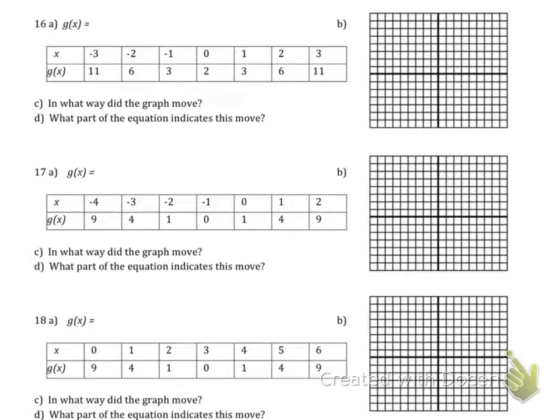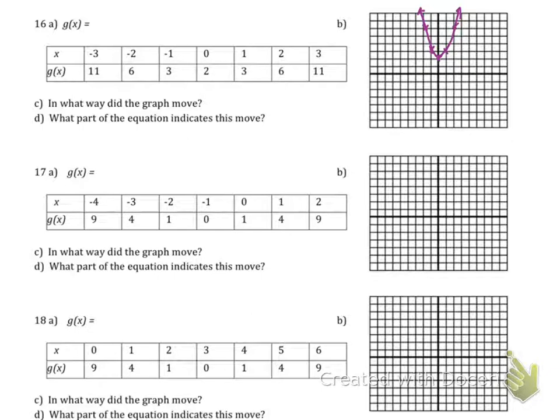I can't plot the 11 because it doesn't go up to 11, but I can plot the -2 at 6, the -1 at 3, the 0 at 2, the 1 at 3, and the 2 at 6. And I know that the 3 is going to go up even more.